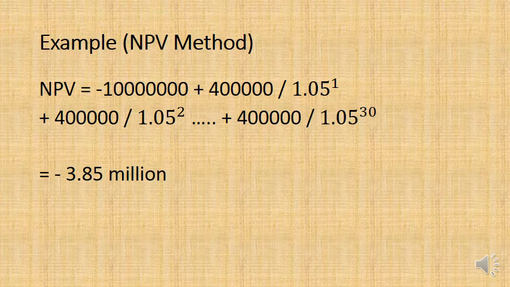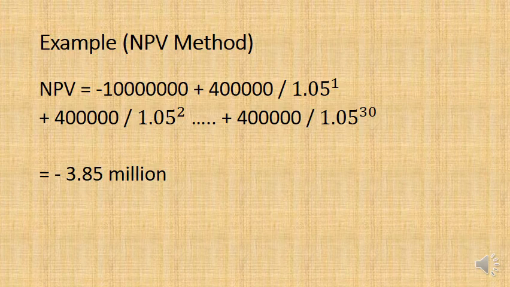That is the benefit in year 1, plus 400,000 over 1.05 to the power of 2. That is the benefit adjusted for today from year 2. And we go all the way up to year 30, which is $400,000 over 1.05 to the power of 30.